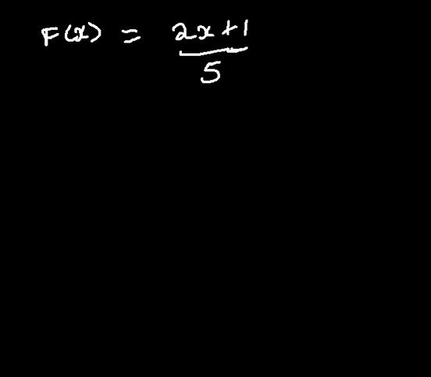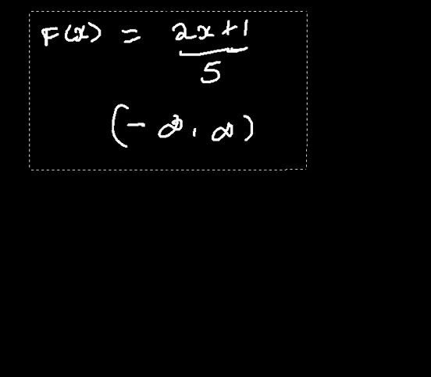Since on the denominator we have the constant number, this is a typical linear function, in the sense that the domain is all values of x, from negative infinity to positive infinity.